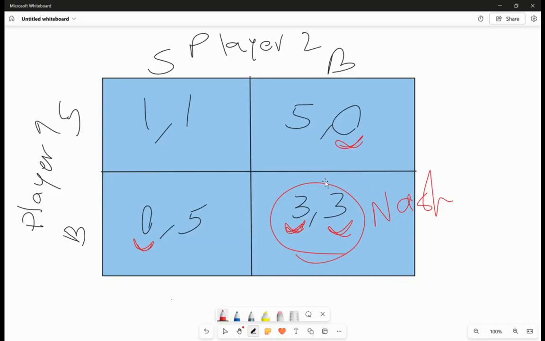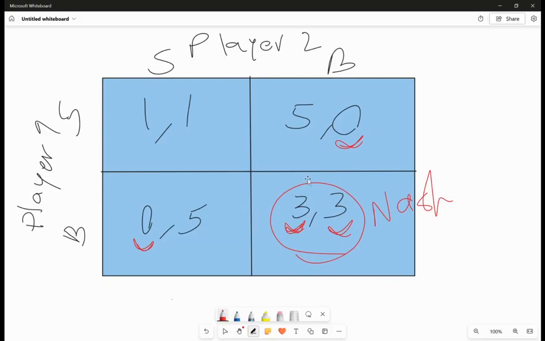Playing low price by firm 2 is going to provide greater profit for player 2, so player 2 is going to play low price. What if firm 1 plays high price? Under high price by player 1, player 2 is also going to play low price. So player 2 is going to play low price no matter whether player 1 plays high price or not. This is also the dominant strategy for player 2.